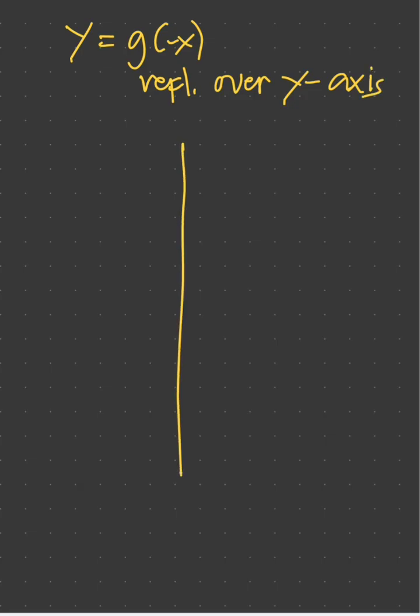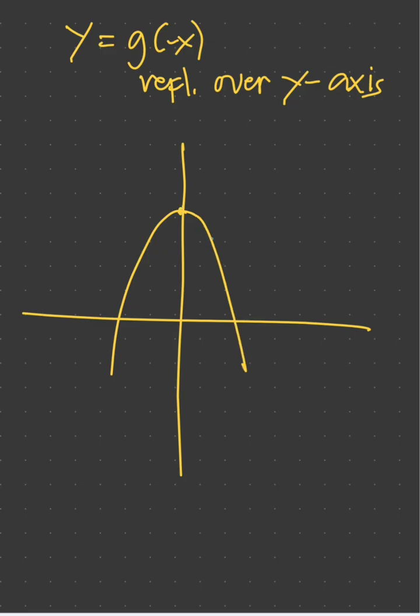So our graph is originally like this. This is the first graph with vertex 0, 5, and this is the image with vertex 3, 6, and we need to reflect this over the y-axis.